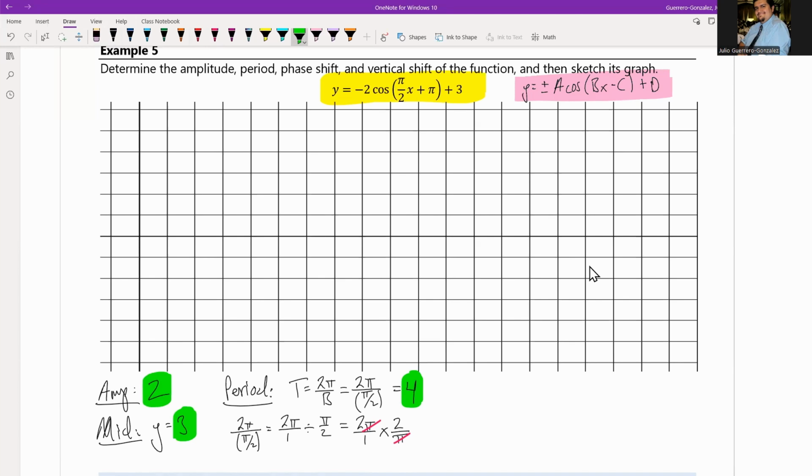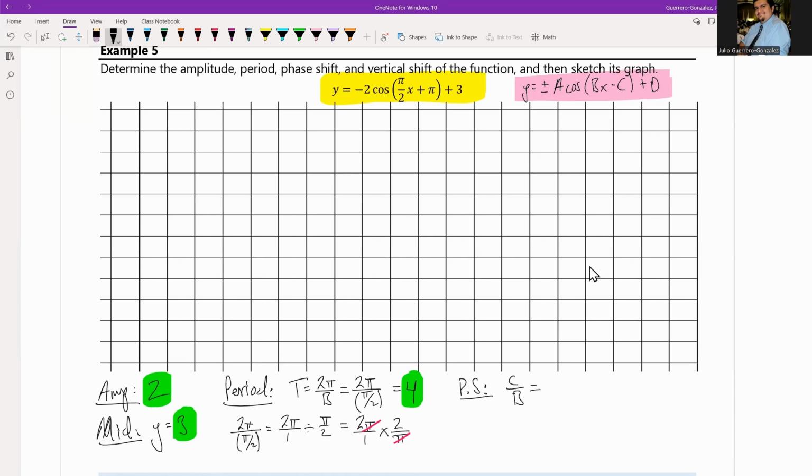All right. The last thing that we need to figure out is our phase shift. Our phase shift is going to be C divided by B, and that's the C and the B that's right here.